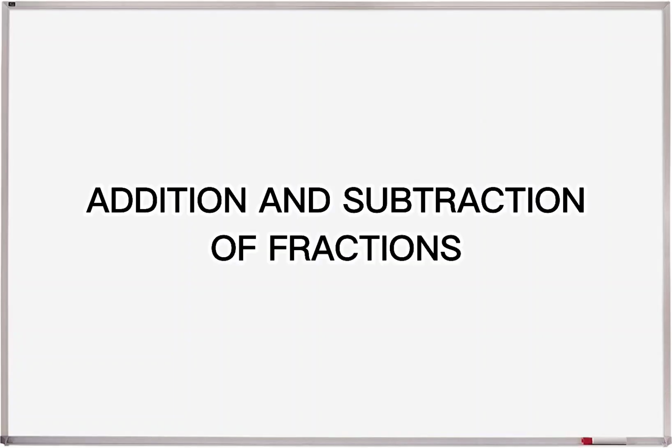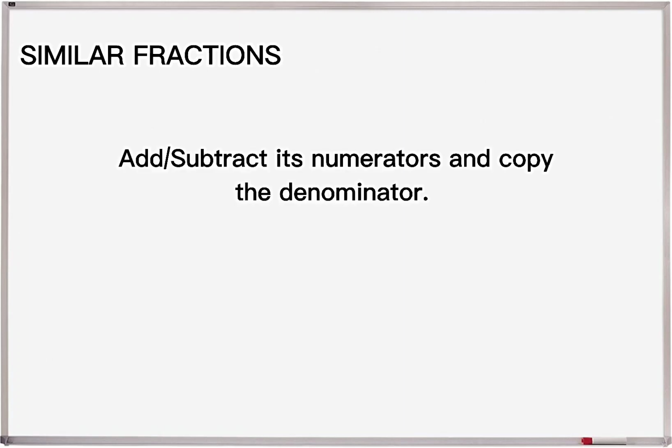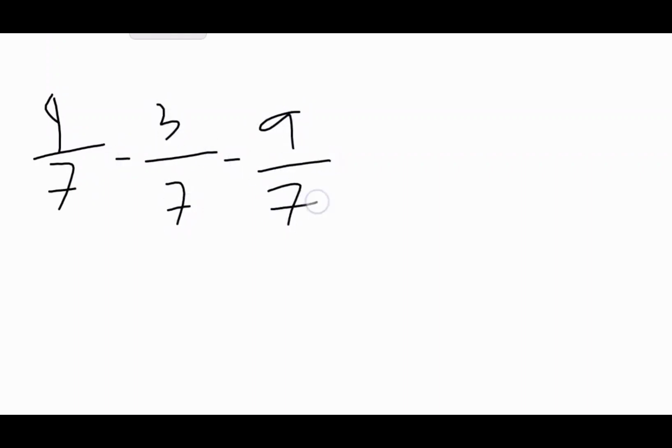Now we go to the addition and subtraction of fractions. For similar fractions or those with the same denominator, directly add or subtract the numerators and copy the denominator. 4 over 7 minus 3 over 7 minus 9 over 7 plus 12 over 7.